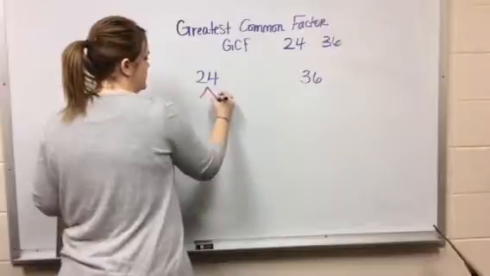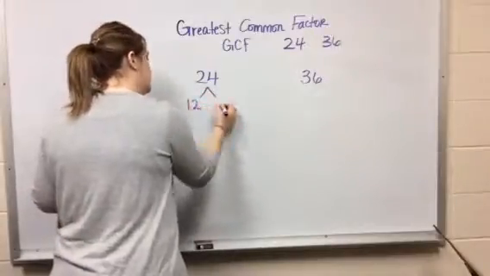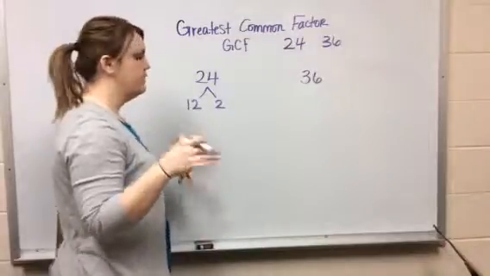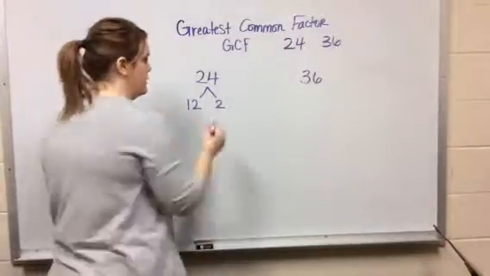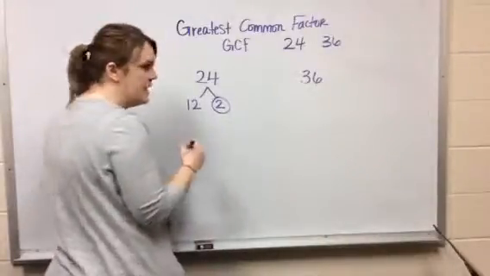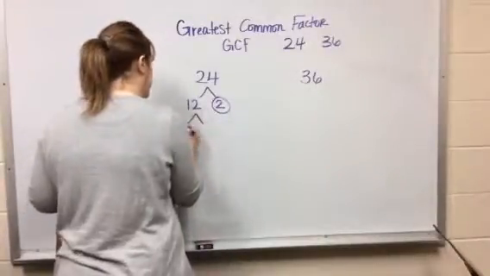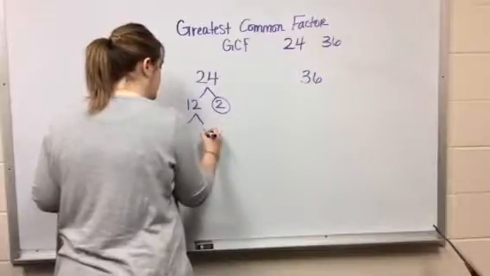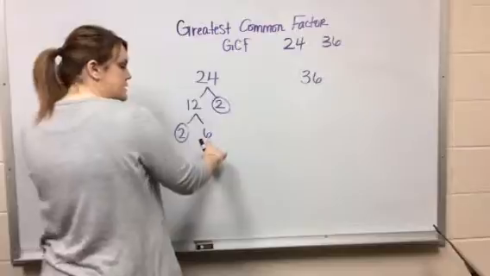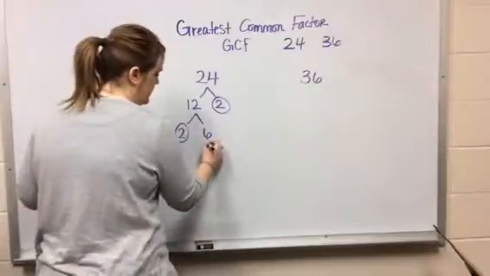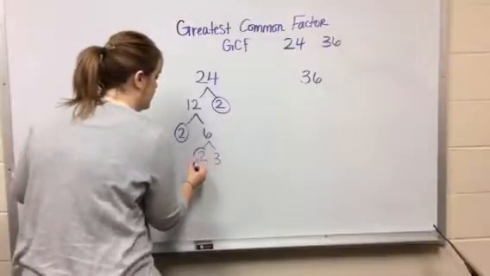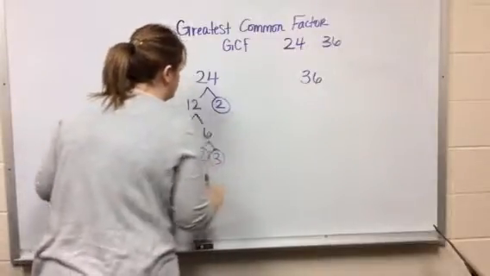What I'm going to do is start by picking any 2 numbers that can be multiplied together to get 24. I'm going to pick 12 and 2. 2 is a prime number, so I'm going to circle that. Well, 12 is not, so I need to break it down into 2 and 6. 2 is a prime number, so I'm going to circle it. 6 is not a prime number, so it can get broken down into 2 and 3, which are both prime numbers.